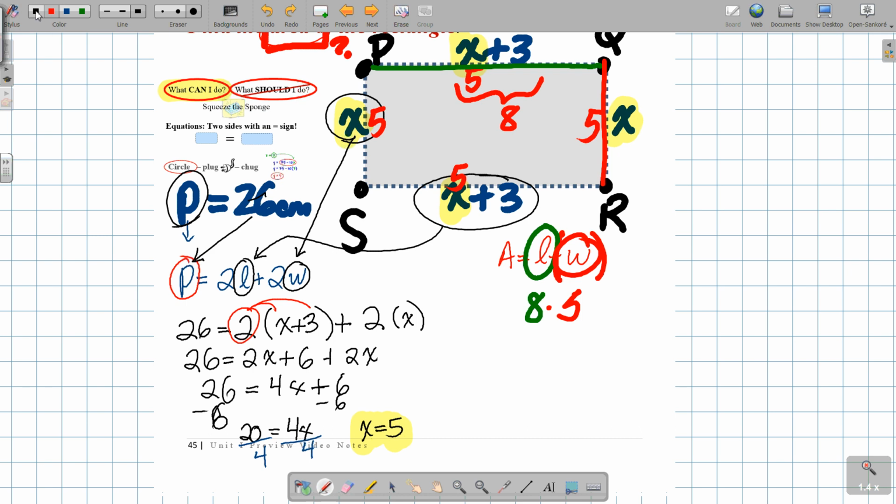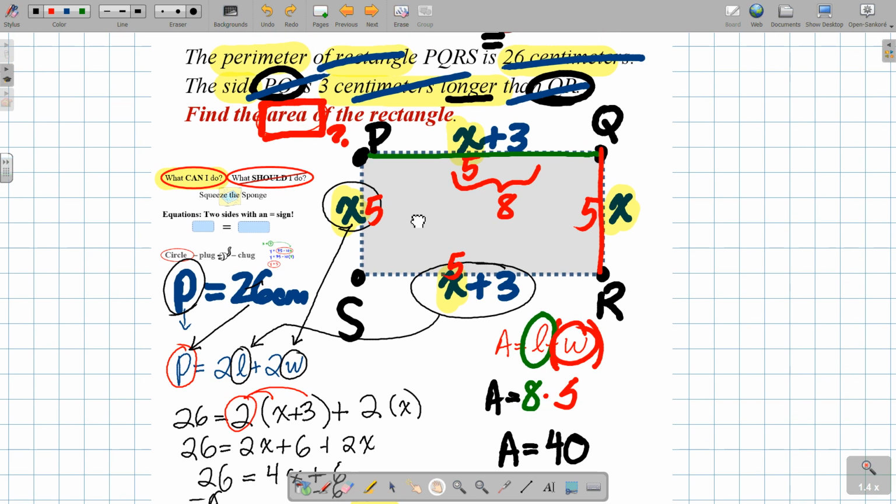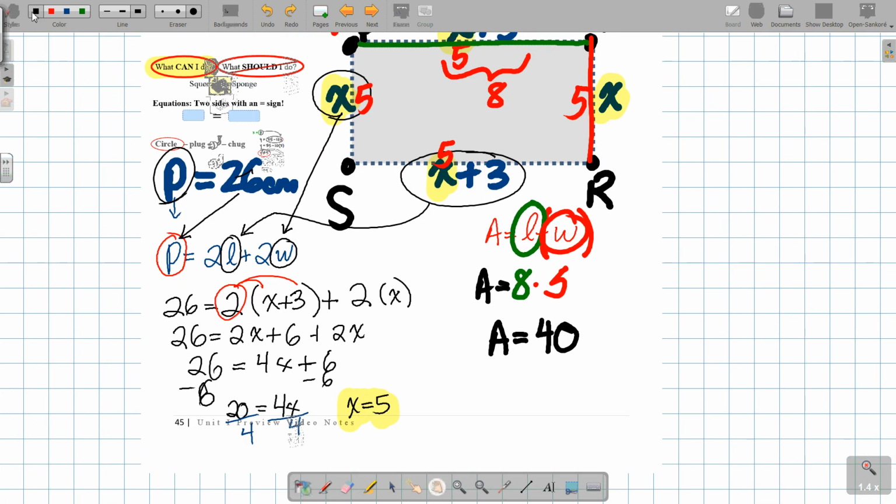Ready? The area of PQRS is 48 centimeters squared. The side length PQ is 3 times the length of QR. Find the perimeter of the rectangle. That was pass number 1.